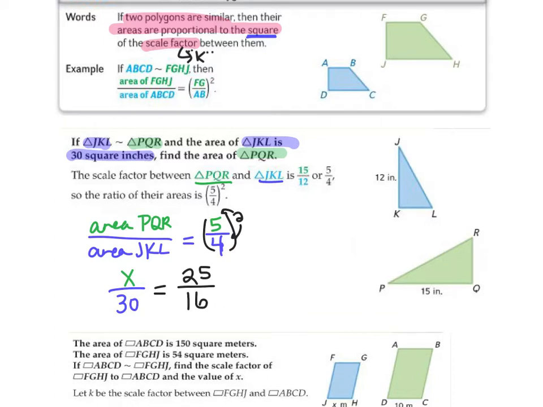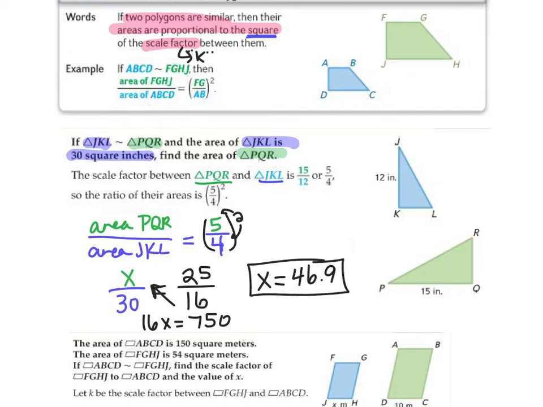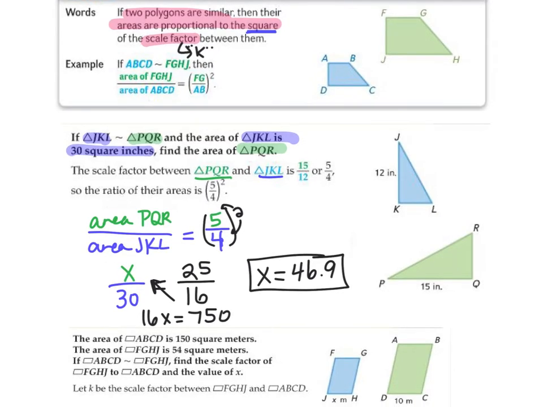When we cross multiply and solve this out, we get 16x equals 750. After dividing both sides by 16, we see that x equals 46.9. So the area of triangle PQR is 46.9 units, or in this case, inches squared.